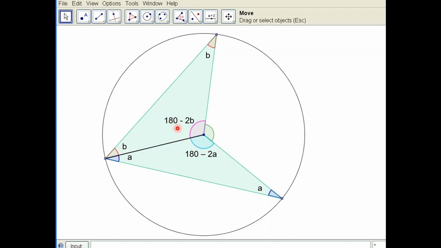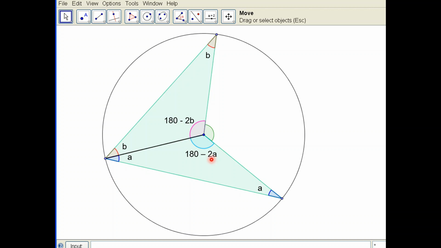If we add 180 to 180, it becomes 360. Negative 2B minus 2A. So I'm going to have 360 minus 2A minus 2B, right?